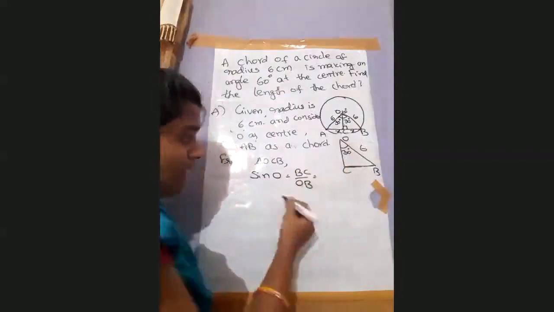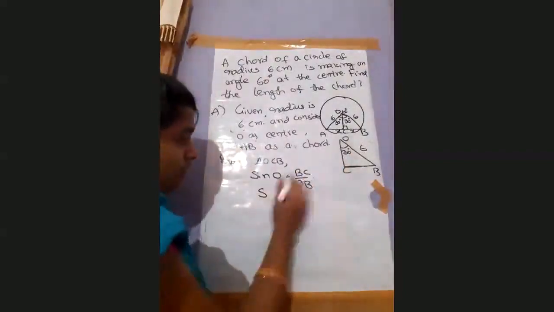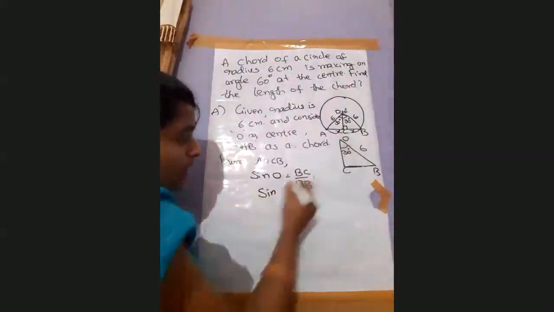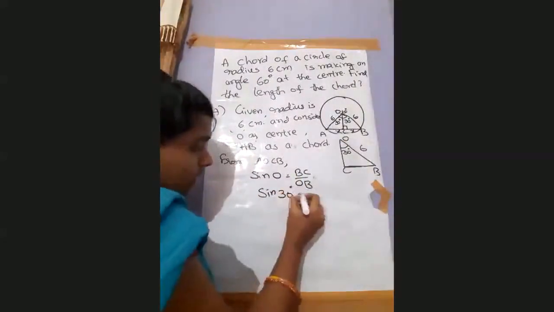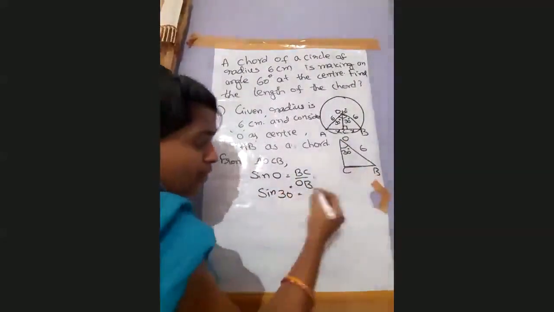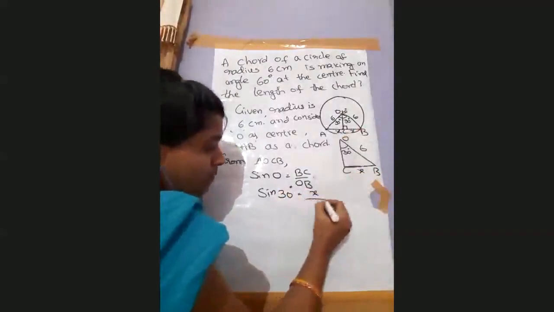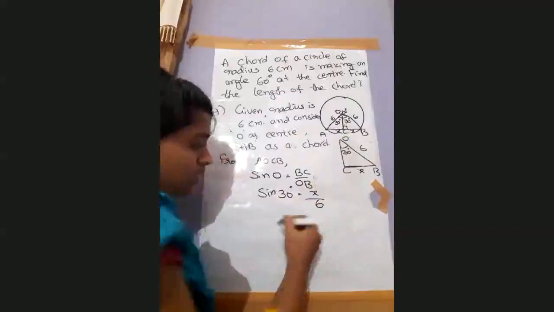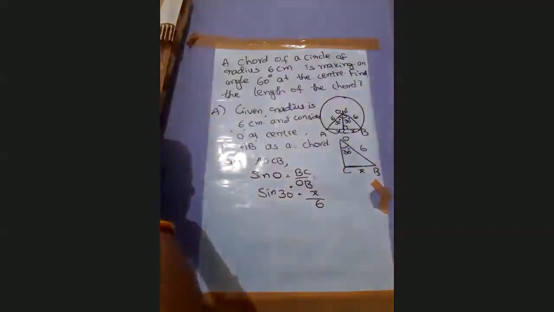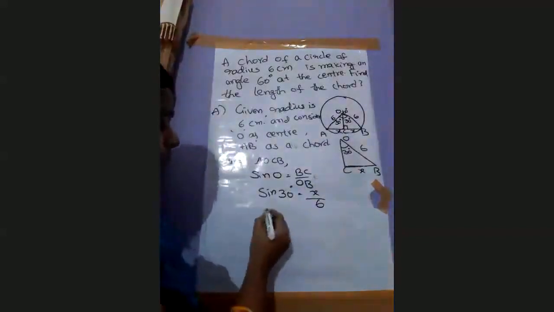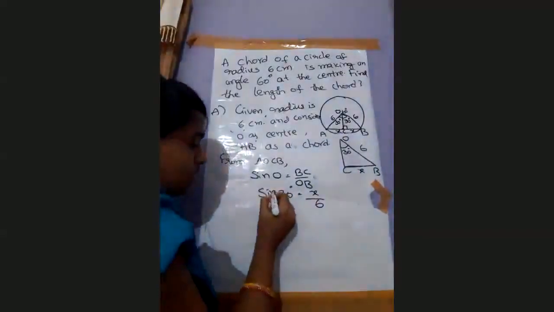And substitute the values here. Sine O, what is the angle here? 30 degrees. We don't know BC, so we consider this as x, divided by OB value, 6. Right? And then sine 30 degrees. So what is sine 30?